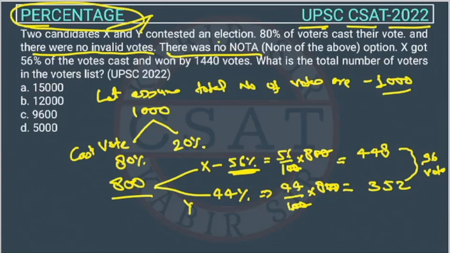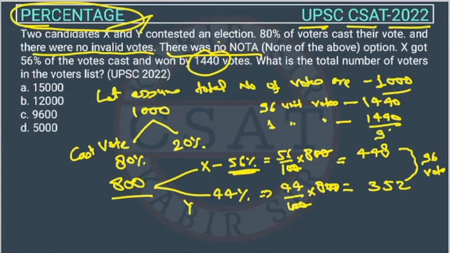But in the question it is given that he is winning by 1440 वोट से जीत रहा है, right? So the 96 units of votes are equal to how much? 1440. So 1 unit of vote will be equal to, this is the unitary method I am using, right? So this will be 1440 upon 96, right?